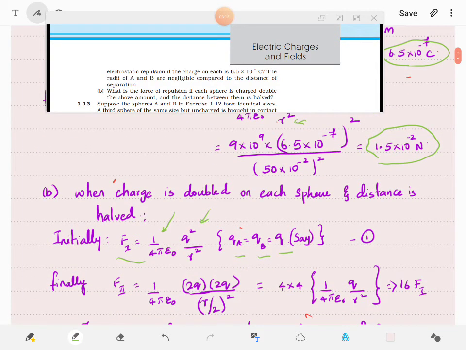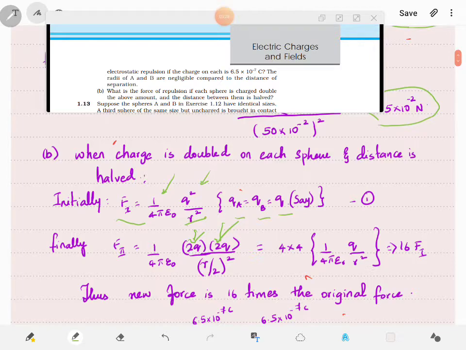So finally, when the charge is doubled, that means on each sphere, if the charge on one sphere is Q, it becomes 2Q. On the other sphere also it becomes 2Q. Which is already shown here. And the distance R has been modified into R by 2, right? Because the distance has been halved and the charge on each sphere has become doubled.